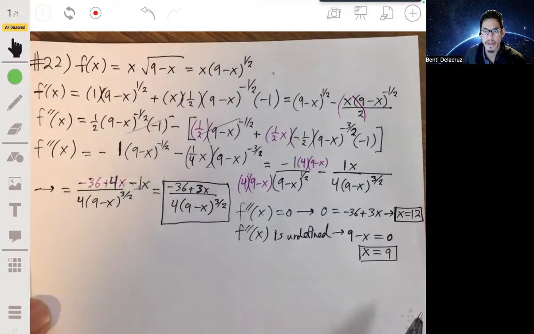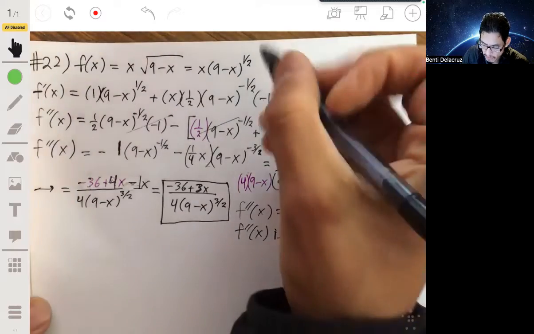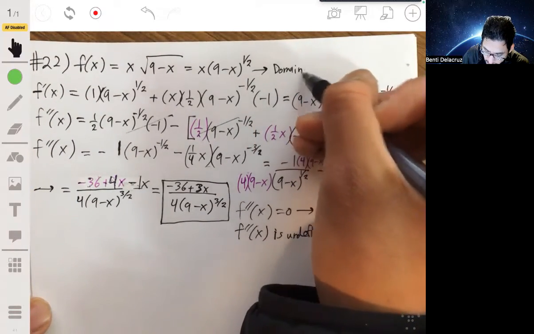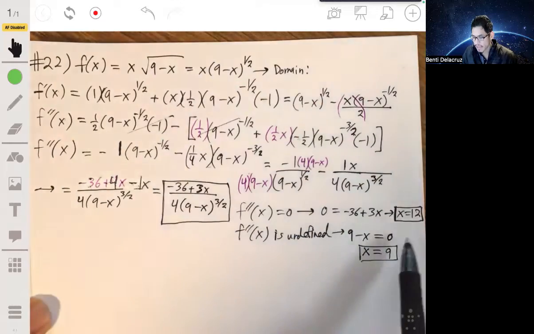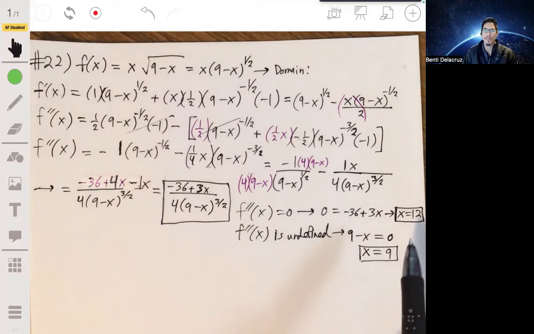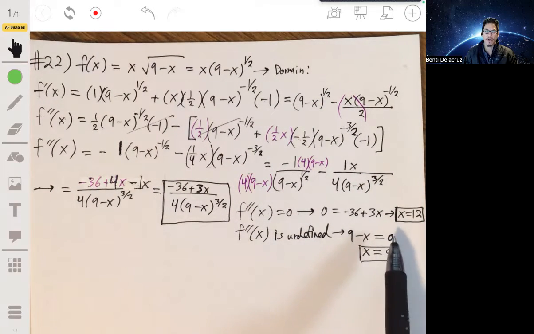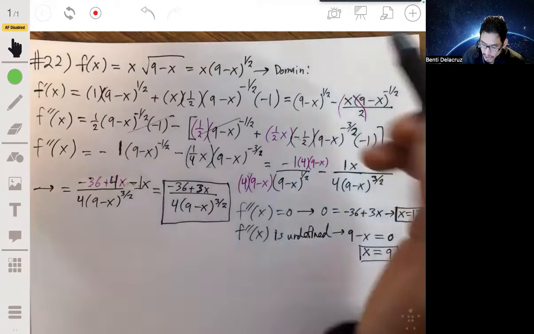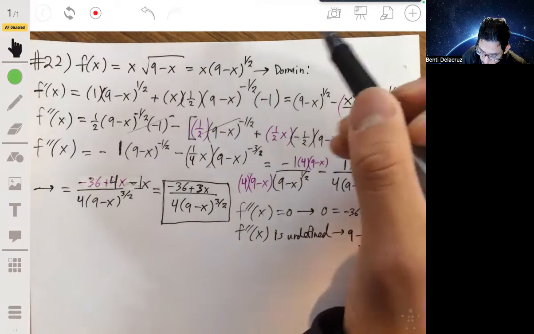Now, here's the thing. If we go back to the original function, you want to always study the domain, because if these values aren't even in the domain, or if they're at the very border, then you don't have to worry about dividing your interval more into a region. So let's look at what we got here to show you what I mean.